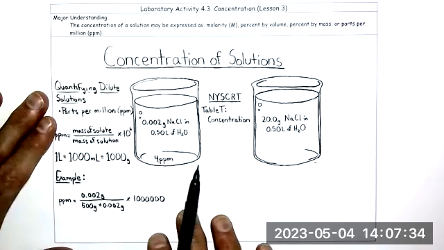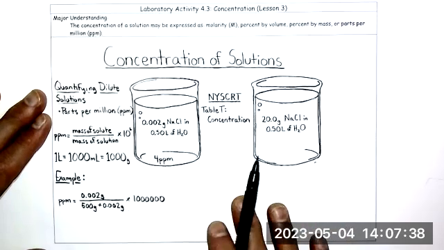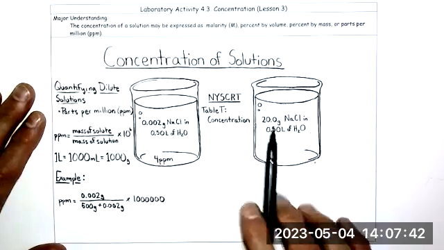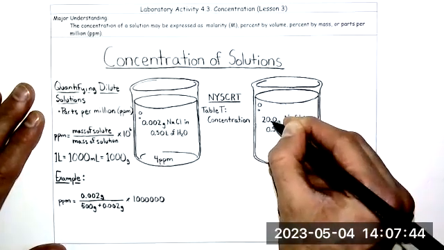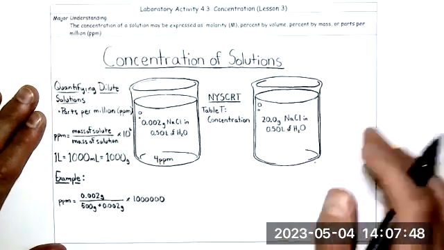Now if we're looking at more concentrated solutions, then we'll use a different method. For this beaker over here, we actually have 20 grams of NaCl in 0.5 liters of H2O.